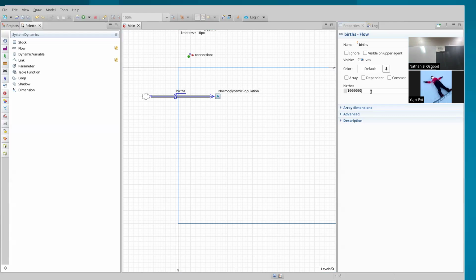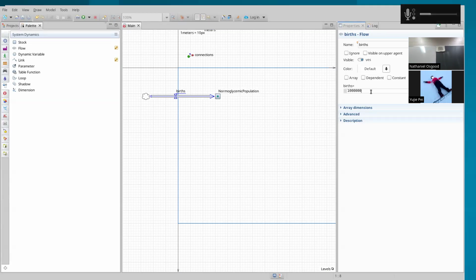Okay. Now I say 1,000,000, but what does that mean? 1,000,000 what? There are 1,000,000 people, but it's not 1,000,000 people. It's 1,000,000 people what? Nate? Robin? Per year. Per unit time.